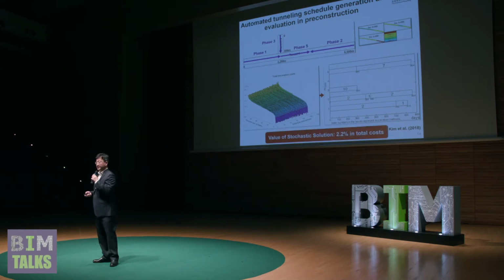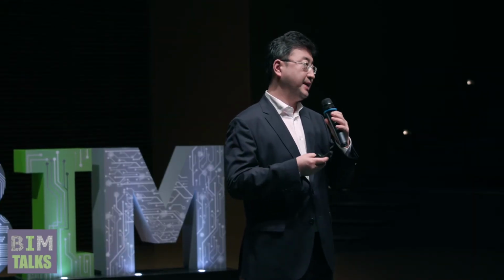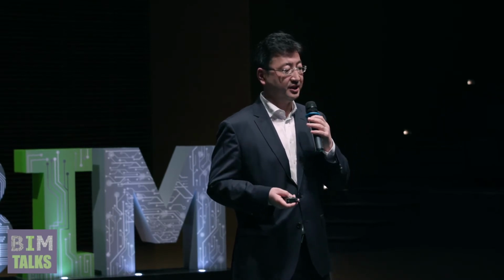This method could generate a schedule with 2.2% less total cost than existing or current practice could generate. We also applied this method to the same project in the construction phase, during construction.